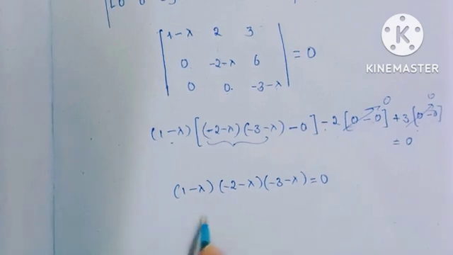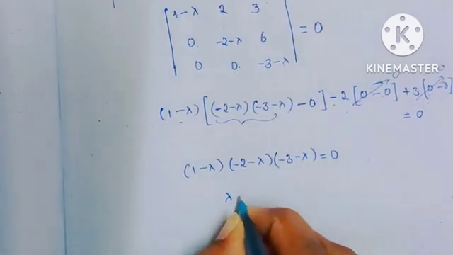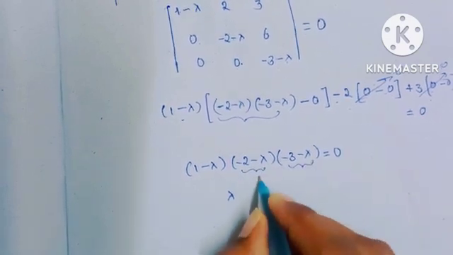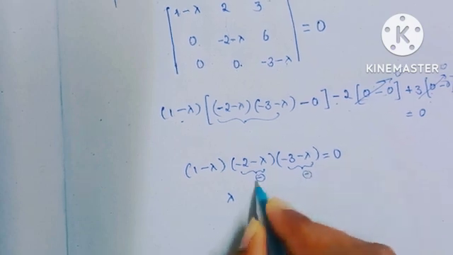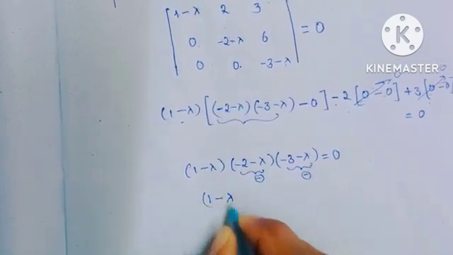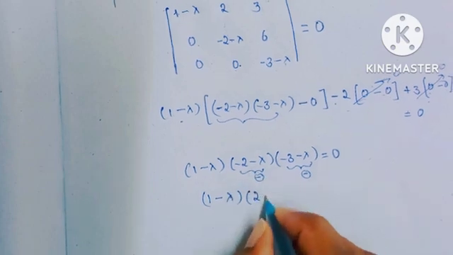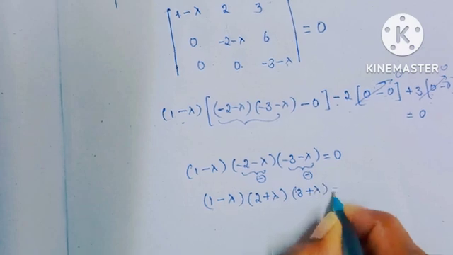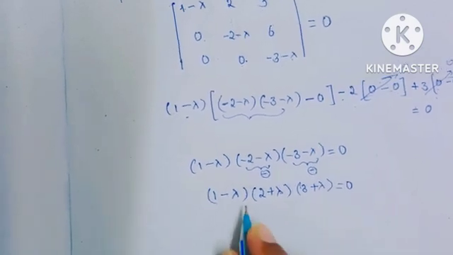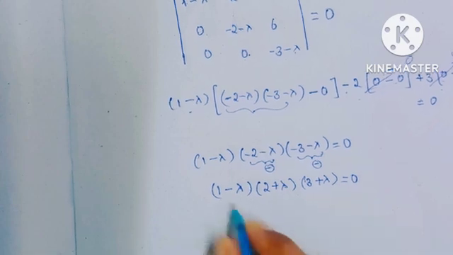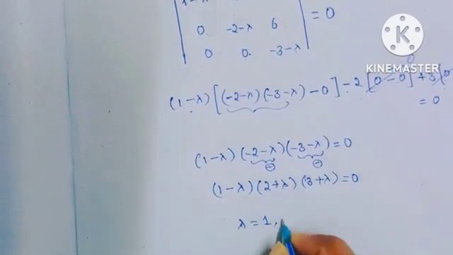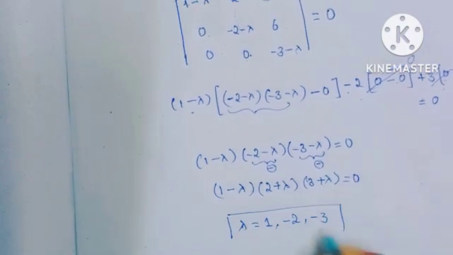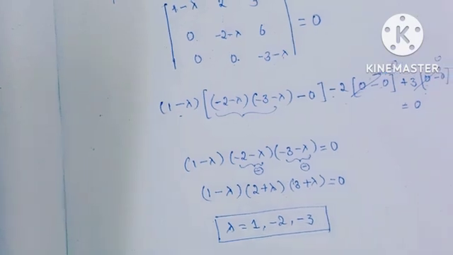Here we can take minus common, here also minus common, so minus into minus is plus. We can write this equation as (1 minus lambda)(2 plus lambda)(3 plus lambda) equal to 0. From this equation we can write lambda equal to 1, lambda equal to -2, lambda equal to -3. These are the eigenvalues for the given matrix.